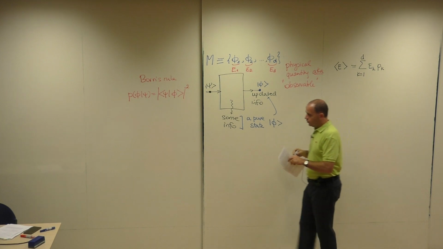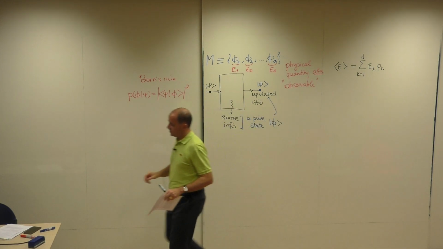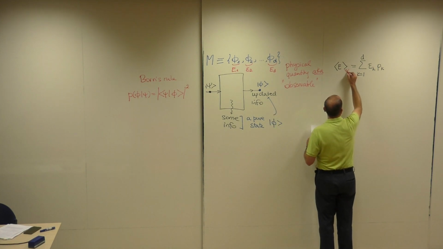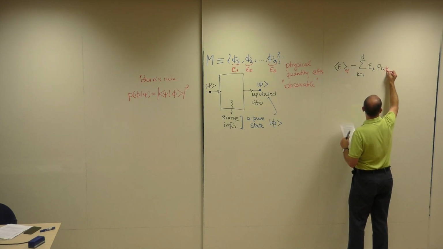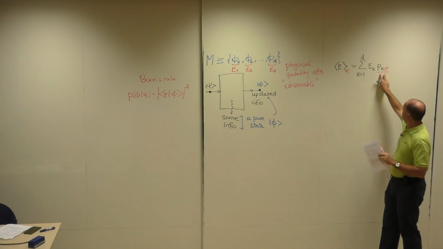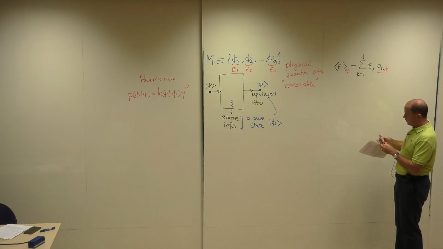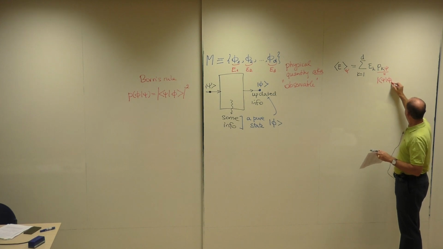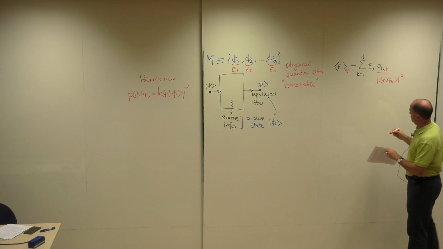Now, what is the probability? Let me change color just for fun. In state psi, what is the probability of finding the outcome k, given phi k? Well, this is given by the Born's rule, right? So this would be the scalar product of psi and phi k, squared.